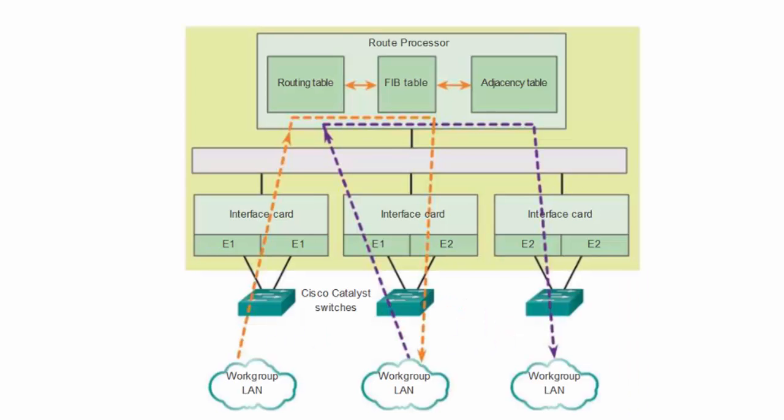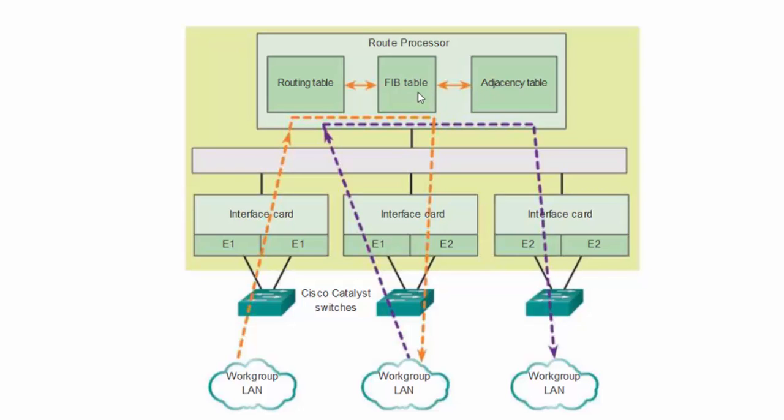To do that, the layer 3 switching is rather complicated, and the layer 3 switch actually uses two types of extra tables. One is called the forwarding information base, and the other one is the adjacency table. The forwarding information base is used to store the IP addresses that are used for switching, and adjacency tables are used to store the MAC addresses, or the physical addresses, that are being learned through the forwarded frames.